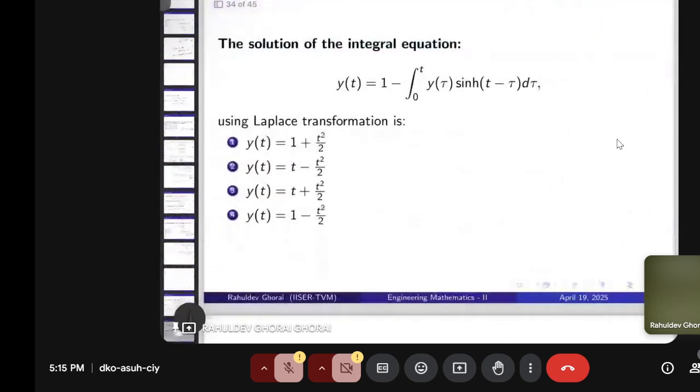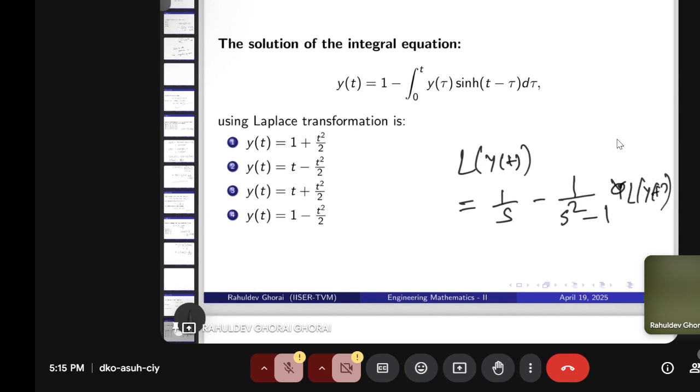If I move to the ninth question, it will be similar. So L of y(t) we will put as 1 minus, what is sine hyperbolic? Sine hyperbolic will give you 1 over s square minus 1, times again L of y(t).